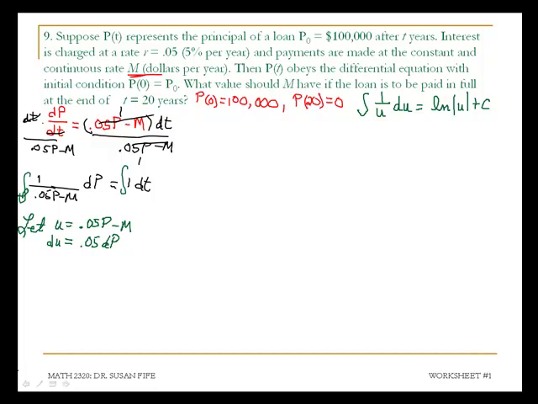Okay, so I need to get a 0.05 dP on this left side of the equation.